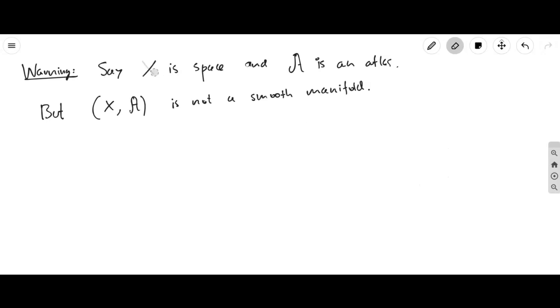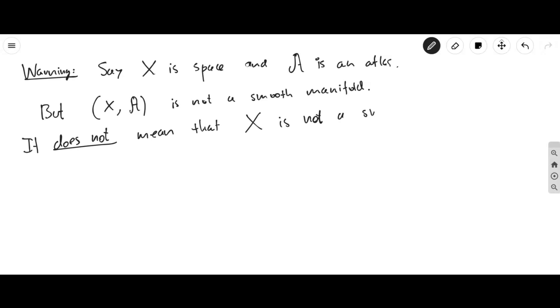Okay, so let's say you have a space and you have an atlas, but the pair does not form a smooth manifold. It does not mean that X is not a smooth manifold. We could only say that X together with the atlas is not a smooth manifold. But when we say a topological space is a smooth manifold, what we mean to say is there exists a smooth atlas.